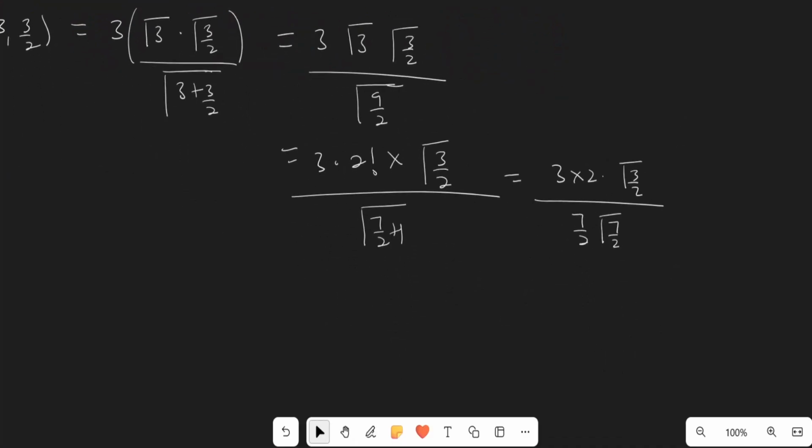And 7 over 2 can also be written as 5 over 2 plus 1.